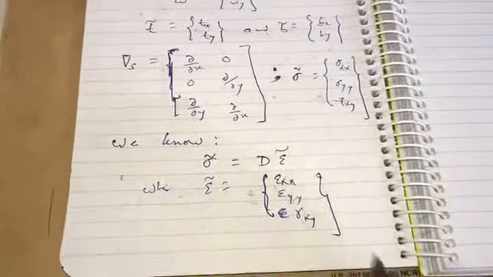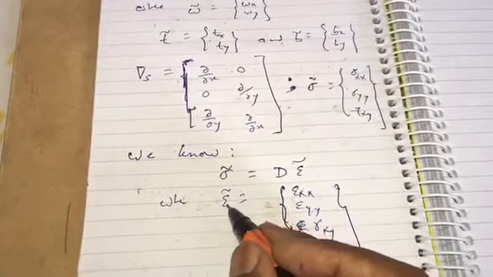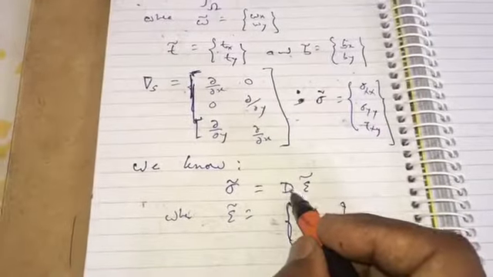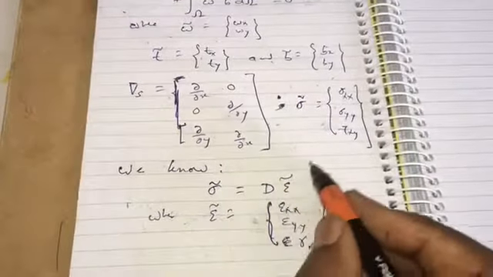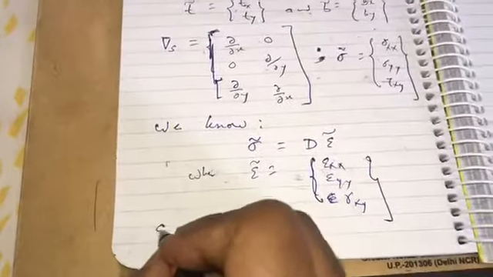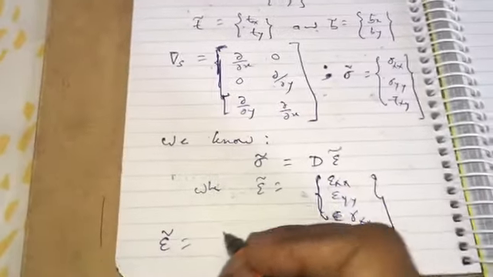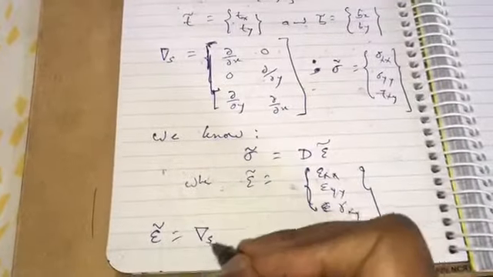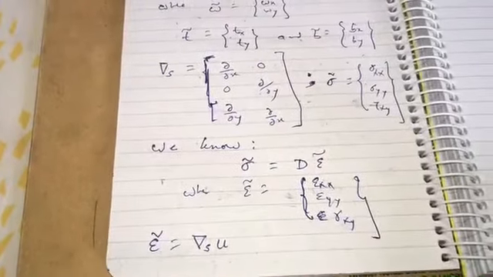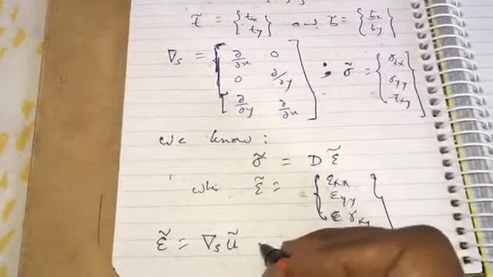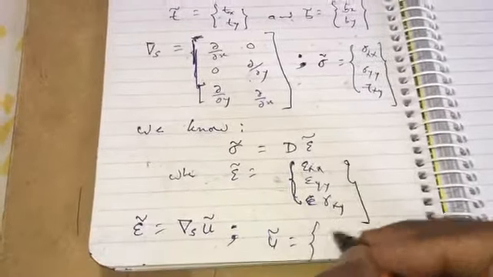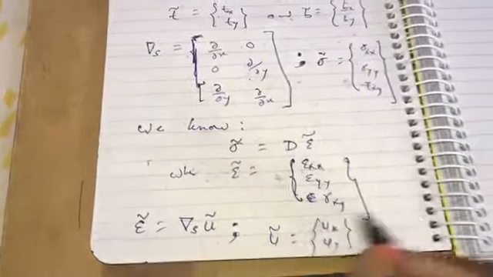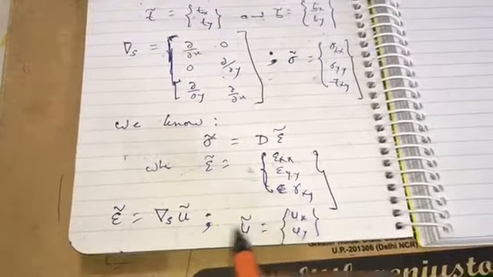D is again a 3 by 3 matrix that we derived last time, and strain itself is also related: strain is del S U, where del S we know what that is, and U is Ux and Uy. So this we also got in the last lecture video.